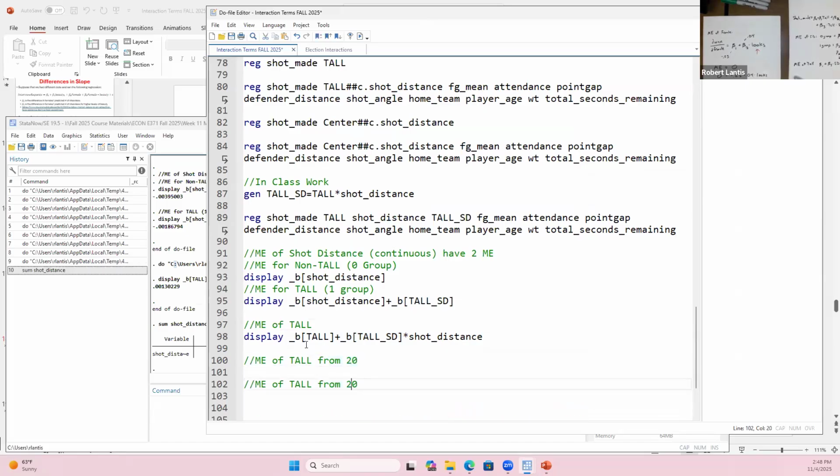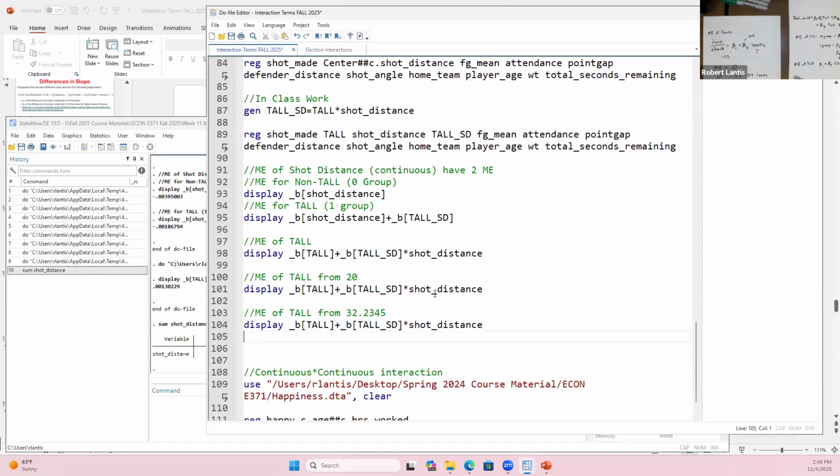I could do the same thing. Copy this. What's the marginal effect if it was, I don't know, 32.2345 feet away? Right? All you would do there is use that same exact line of code. But now I'm asking you for that specific marginal effect at 20 feet and at 32.2345.